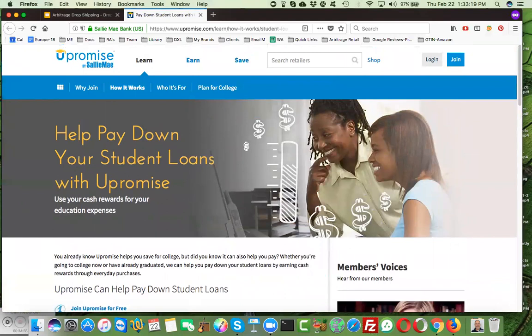So I cannot use it, and that way I will be losing sometimes up to 15% cashback. That's a big chunk of money. So this is the disadvantage of being international, you're saying, right? Yes, exactly.